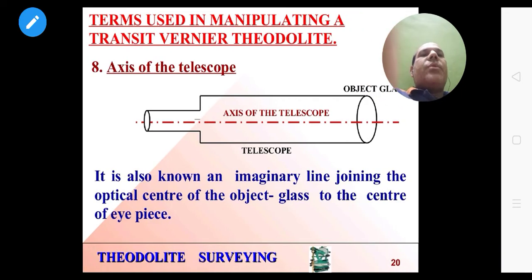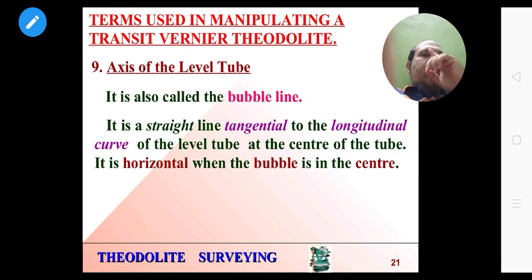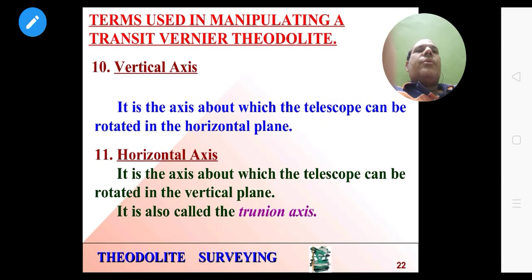Axis of telescope is the line passing through the optical center of the eyepiece to the optical center of the object glass. Axis of level tube or axis of bubble tube is a line tangential to the longitudinal curve of the bubble at its center. These three we have seen in our dumpy level also.